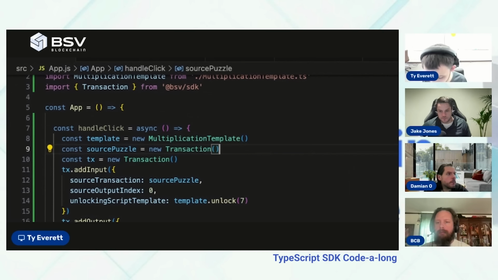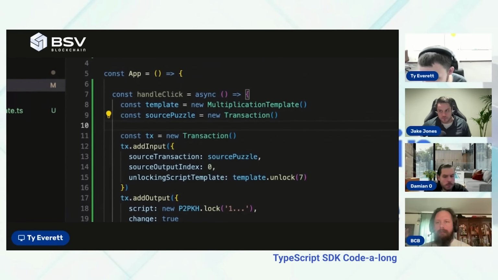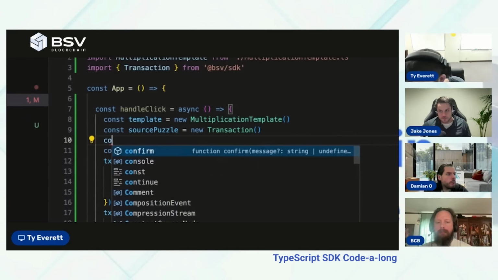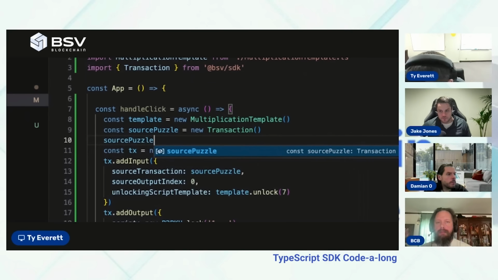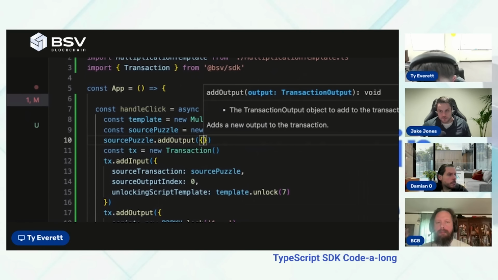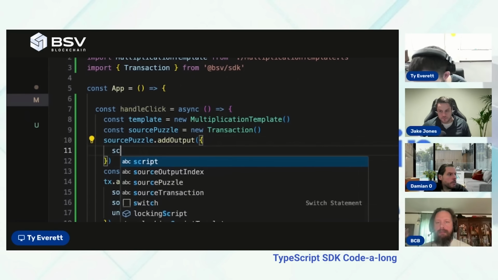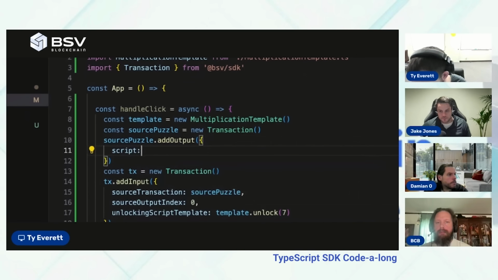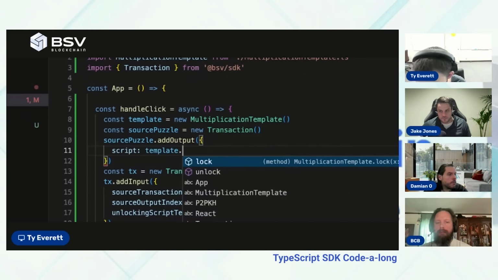And then, we're not going to consume inputs just because we're setting an example here. But we can say source puzzle.add output, and we have our script, and that's going to be template.lock.